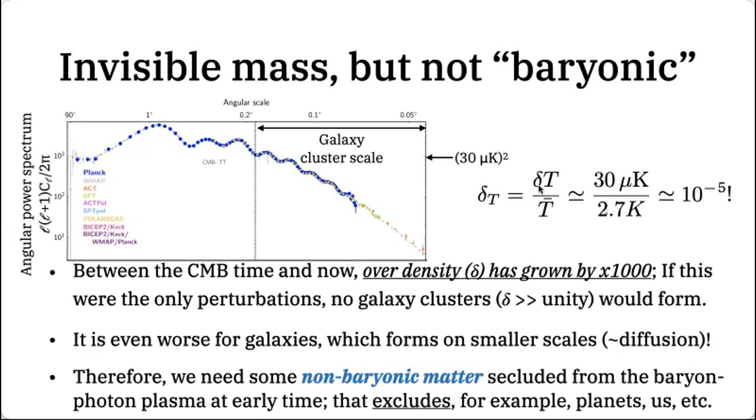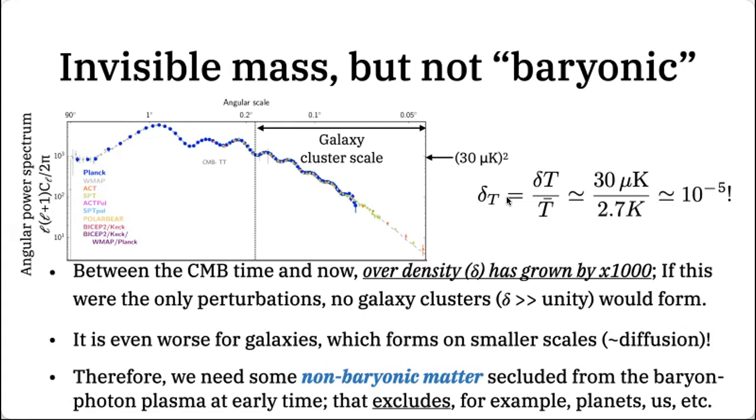The measured anisotropy of the cosmic microwave background sky is about 1 part in 10 to the 5. And we know that this anisotropy was there when the universe was 1,000th of its current size, or at a redshift of about 1100. But we also know from linear perturbation theory that the density perturbation can only grow proportional to the scale factor, right? So the linear density contrast from the CMB up until now can grow only by a factor of 1,000.